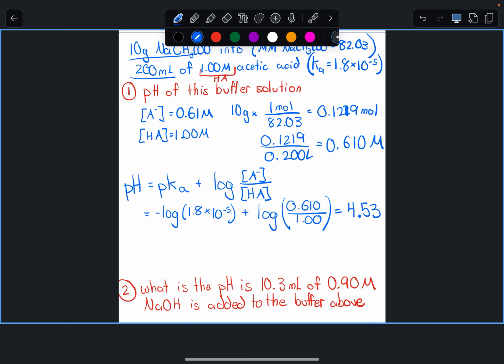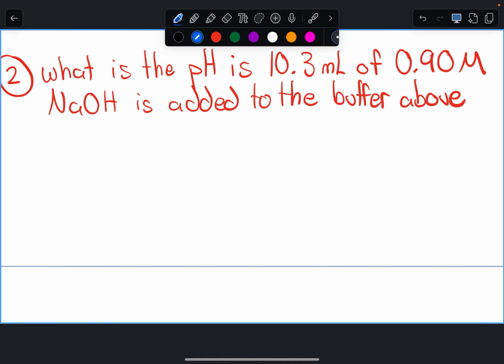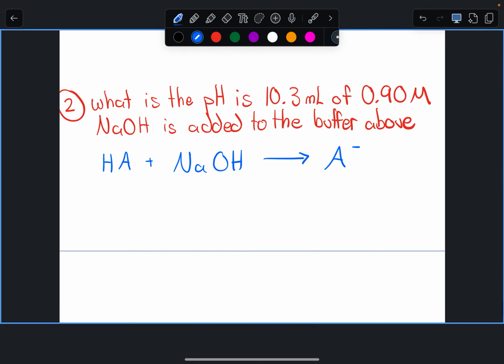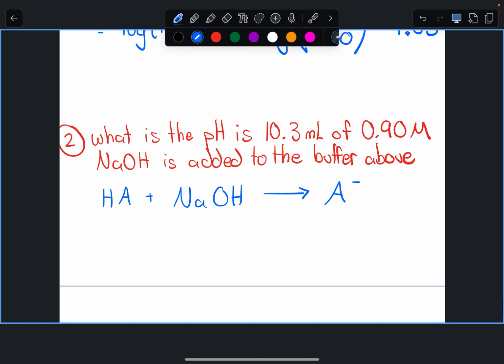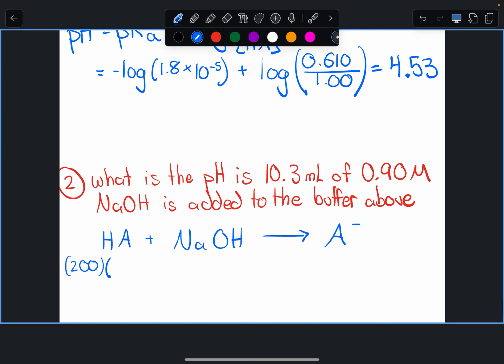So I'm going to start in on those steps for question 2. Sorry, I realized you have to get the numbers up here. So it's 1 molar HA, 0.610 A minus.